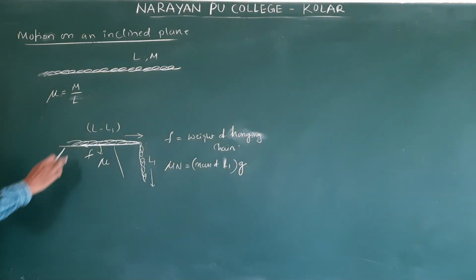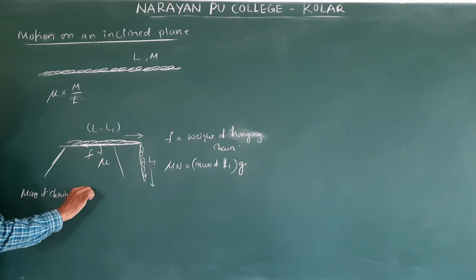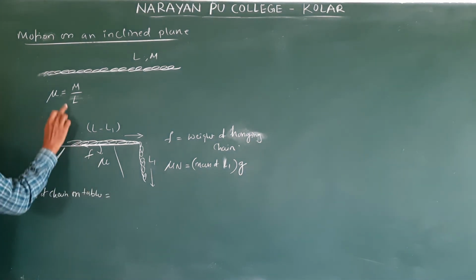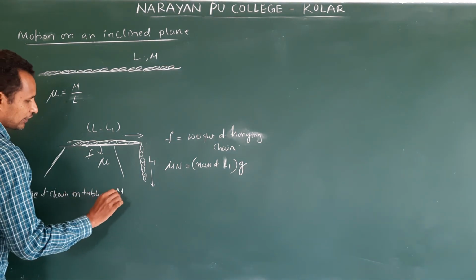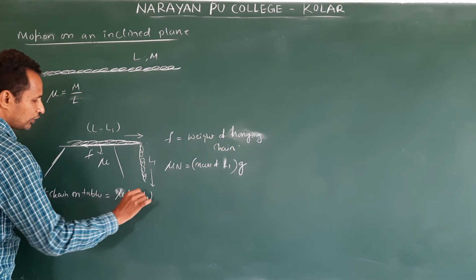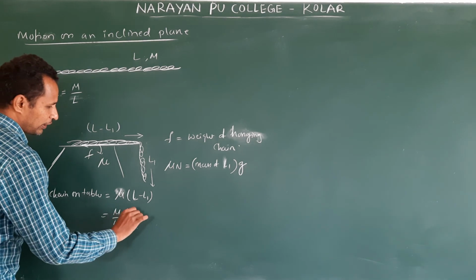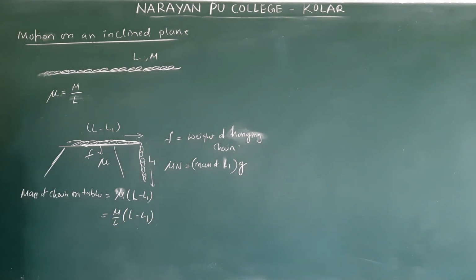How do you find this mass? Mass of the chain on the table: linear mass density, that is mu into L minus L1. So what is mu? M by L into L minus L1. You take it as capital L.